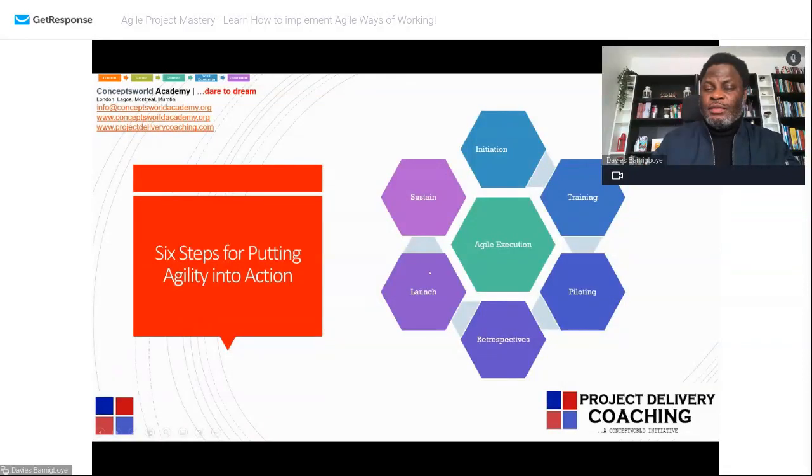Once you launch one cycle, you can use that to launch more and more cycles in different departments. And the way to make sure that happens is through a sustainable model. Once you've launched, whatever you've learned during the process, you template it. You make it a repeatable template that somebody else can pick up and say, okay, I'm going to follow this method.